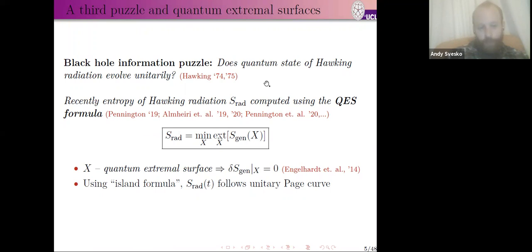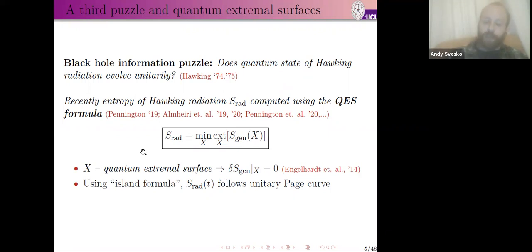Very recently, this question garnered a lot of excitement because it's been argued that the entropy due to Hawking radiation can be computed using what's known as the QES formula, which I've written here. It's essentially the extremization of the generalized entropy as a function of this surface X, where X is a codimension 2 surface, which is called the quantum extremal surface, or the QES.